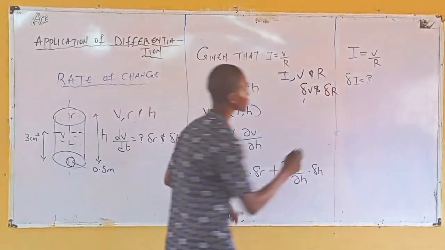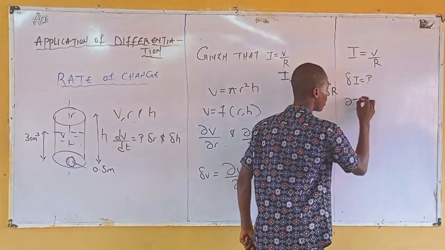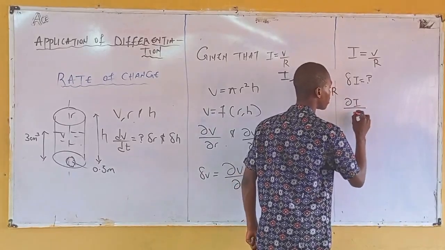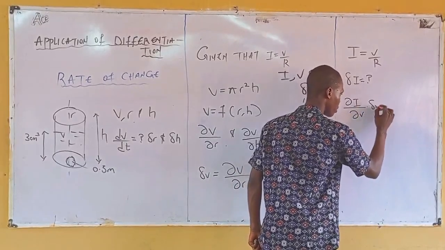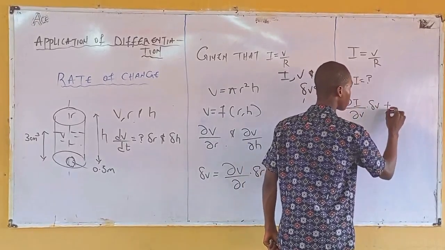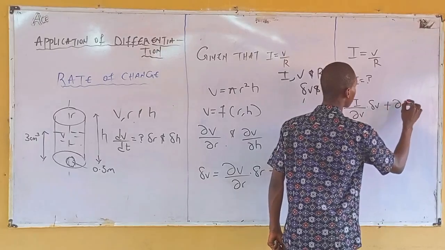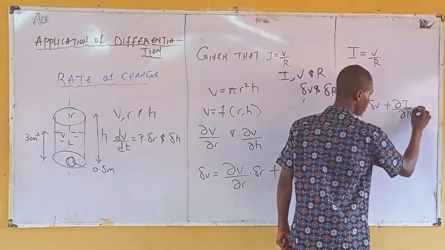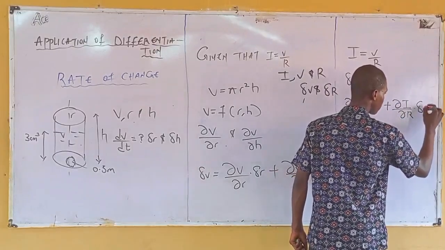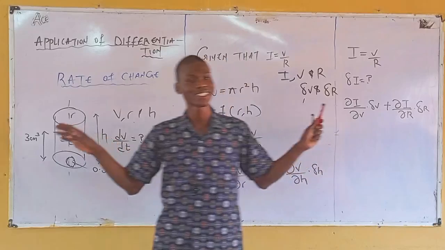That's the partial differentiation of I over V, times the change in V, plus partial differentiation of I over partial differentiation of R, times the change in R. Yeah, that's it.